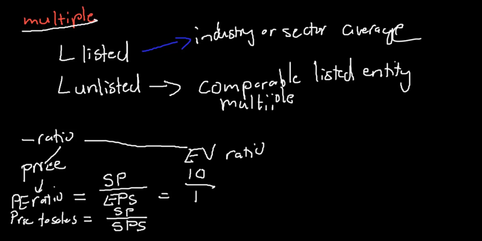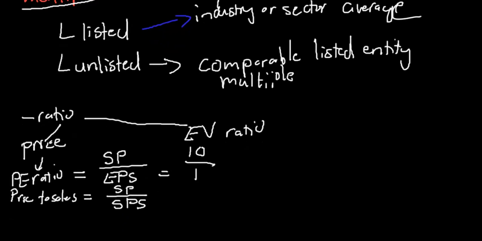Another variation that we could also see, and that's quite common, is what we call the price to book. The price to book again is the share price of an entity divided by the net asset value per share of a company.